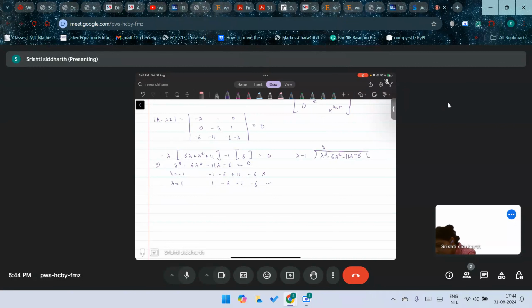So this is lambda square. Then we have minus 5 lambda. So this becomes minus 5 lambda square.